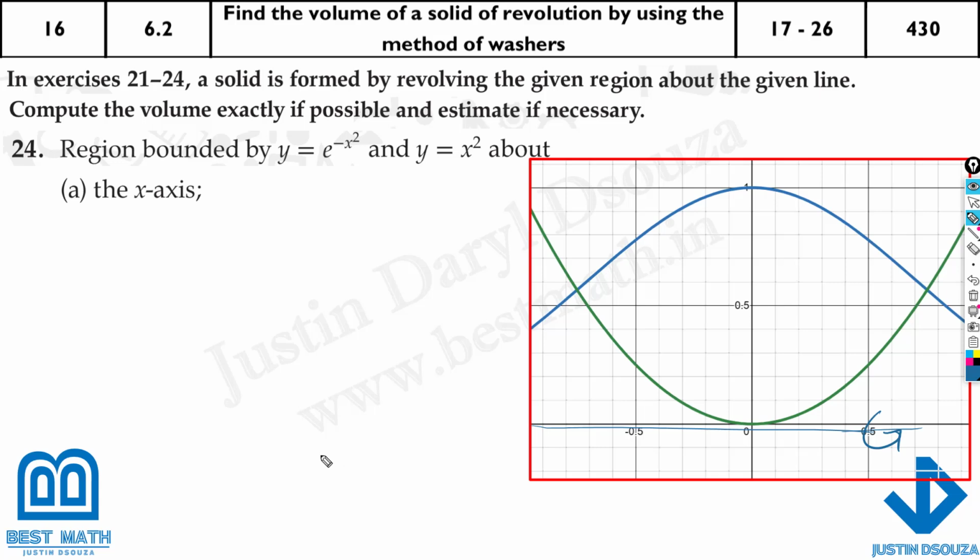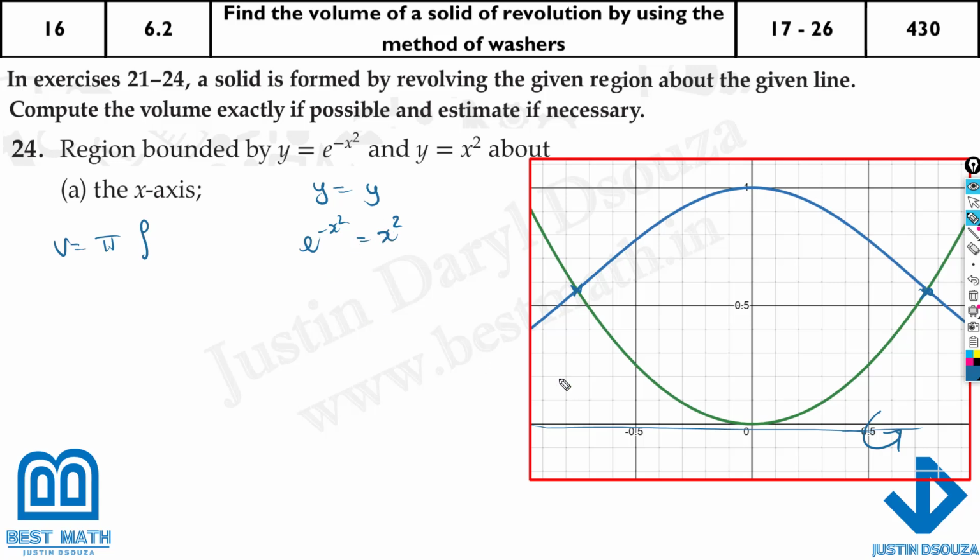This is the rotation. Now it's not outer radius minus inner radius, it's just the outer equation minus the inner equation, because we're dealing with the axes, right? So here we need to write V is equal to pi integral, but what are these limits? This is very important. These intersecting points can be found by equating y with y, that is e to the power minus x squared is equal to x squared.